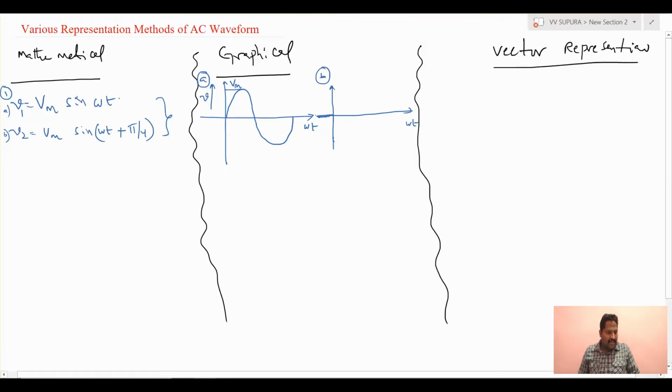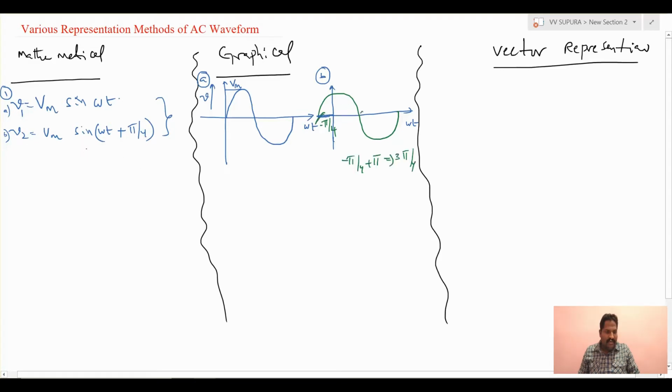So I have to start the waveform at this point. Why? Because substituting minus pi by 4 in the B waveform, sine (minus pi by 4 plus pi by 4) is 0, so V2 will be 0.